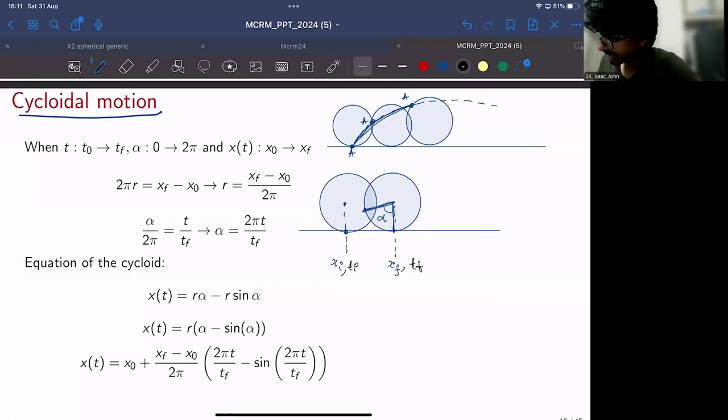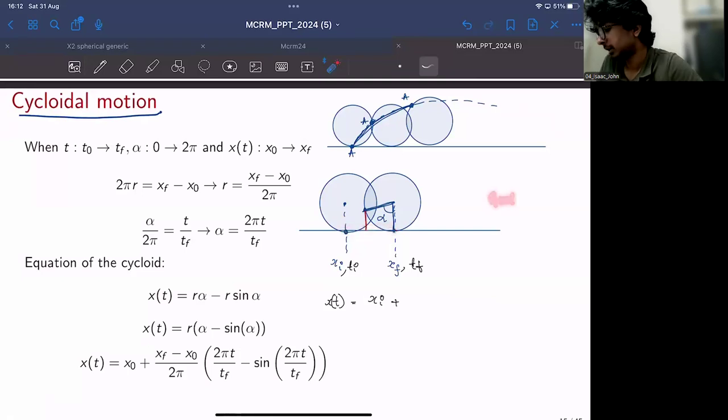So the distance it has moved, you can write like this, x of t as the initial position xi plus this entire distance from here to here. This entire distance is given by r multiplied by alpha, right?